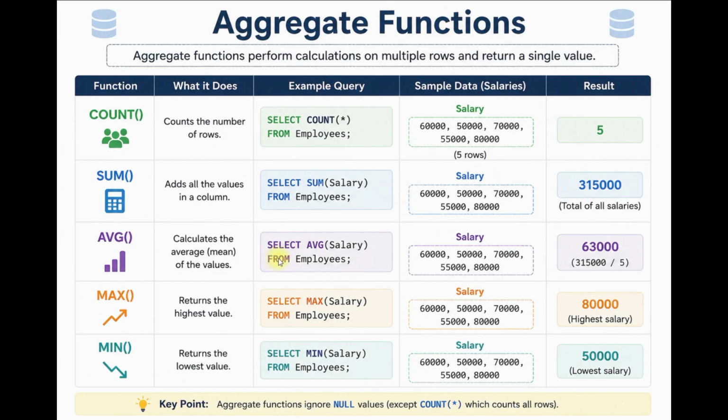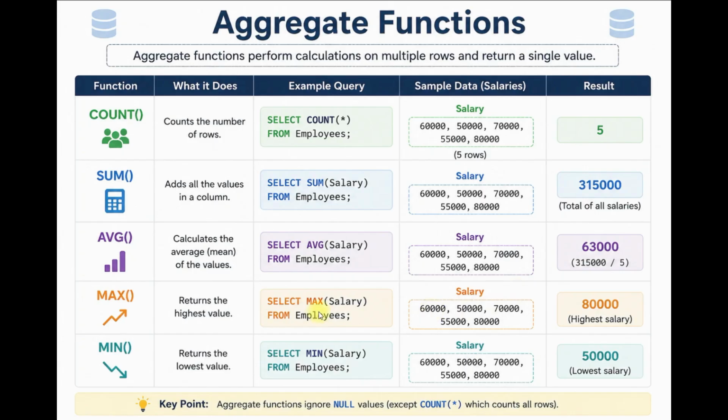And what is average? Now you want to know what average salary you're paying as a company. It will first sum up all the salaries and then divide by the count of records. So 3,15,000 is divided by 5 and we get the average salary, which is 63,000 for that company.